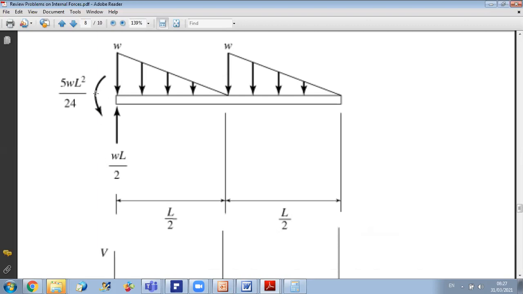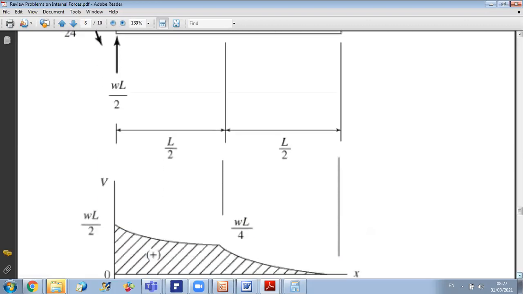But a couple here will not cause a jump in the shear graph. So when I look at the shear diagram, I just look at forces. At A I have an upward jump, so I start with plus omega L over 2.